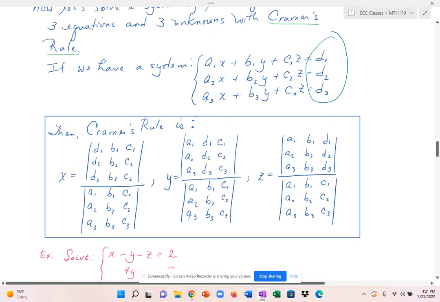When I'm solving for the y's, column 1 and 3 will be the same, but the second column, the y column, gets replaced by the constants, which I'm calling d's. And when I'm solving for z, the first two columns stay the same, but the last column, the z column, gets replaced with the d's.